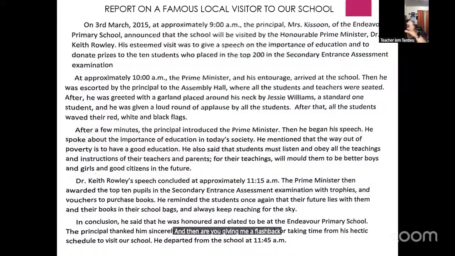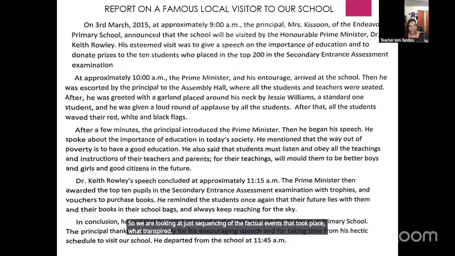Flashback is for narrative writing. So we are looking at your sequencing of the factual events that took place, what transpired. So sequencing is important. Coherence, which is your transitional words. We look at how well you use that. We look at how well you are able now to take the information and keep it very concise, yet straight to the point.